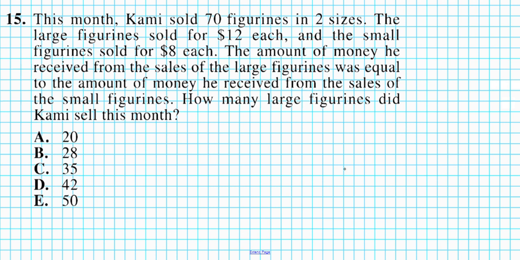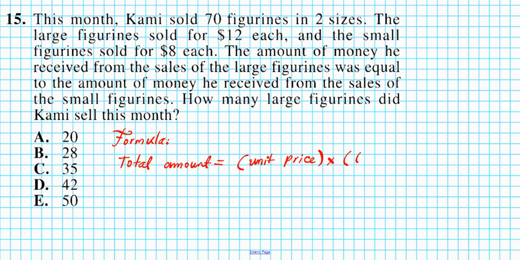Okay, so to get started, I just want to go over a formula with you real quick concerning calculating amount. So formula, the total amount, it could be for the small or the large figurines, it doesn't really matter, is basically the unit price multiplied by quantity.